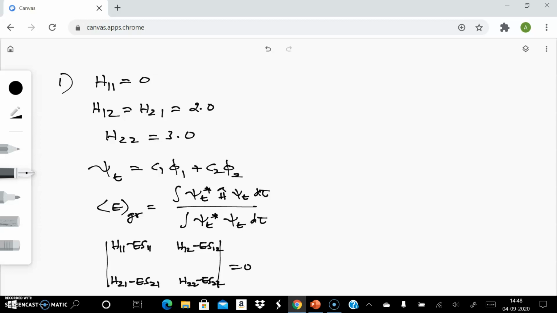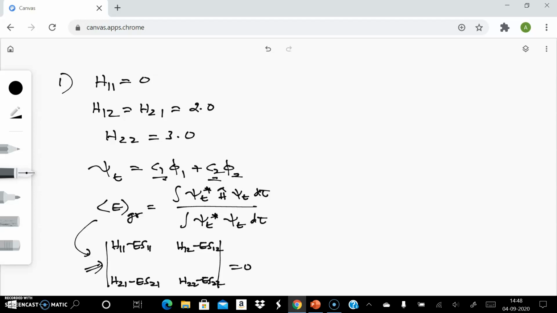If you simplify this equation and differentiate with respect to the coefficient c1, and put the value equal to 0, you will get one secular equation. Similarly, if you differentiate this with respect to c2 and substitute the value equal to 0, you will get another secular equation. By combining the two secular equations, we can write the secular determinant in this form.